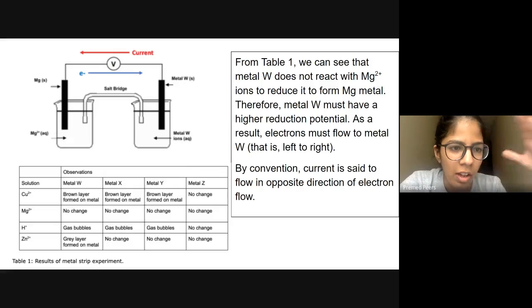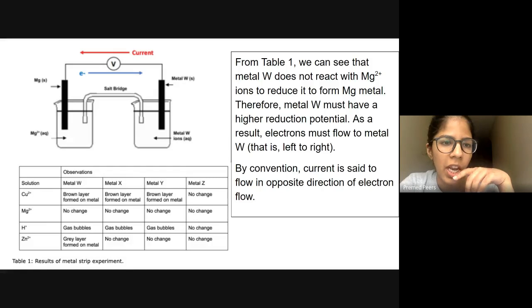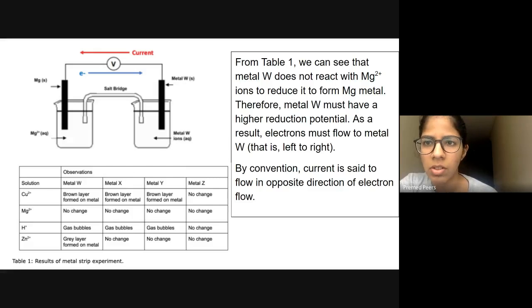So on the left side of the chart, we're looking at magnesium, and on the top of the chart, we're looking at metal W. We see that there's no change when these two react, which means that magnesium is not being reduced. So then that tells you what's being reduced is metal W. So electrons are flowing that way. Your electrons are flowing from left to right, which means your current is going to flow in the opposite direction. Does that help at all?